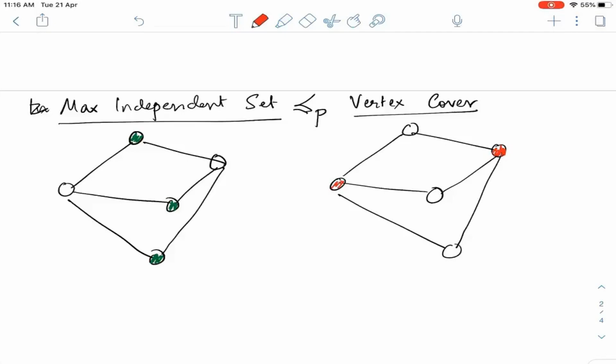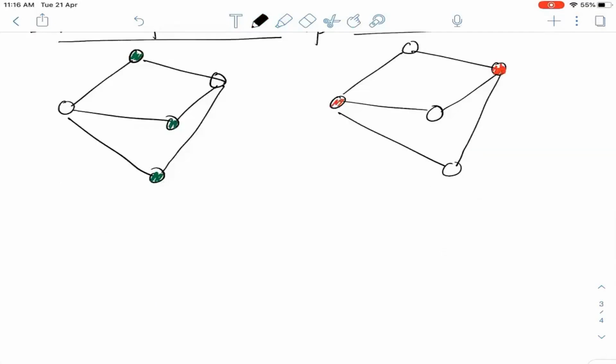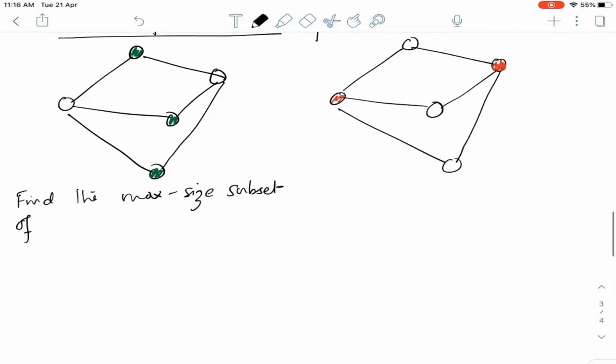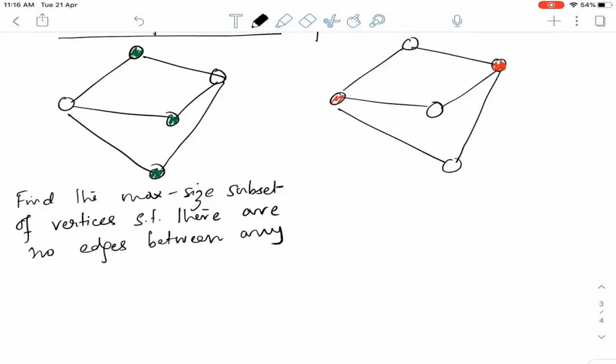Let me just write these two statements down. Independent set is: find the maximum size subset of vertices such that there are no edges between any pair in that subset.